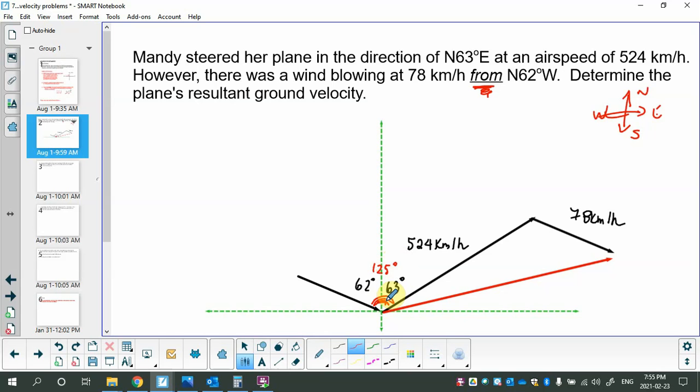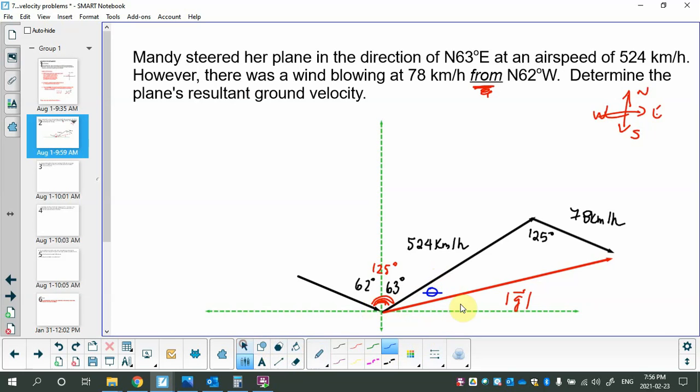And if that's 125 degrees, parallel line, Z rule, that makes this 125 degrees. I am looking for the resultant, which I'm going to name ground speed. Another thing I'm going to have to find, because I'm using sine and cosine law, is this corner.